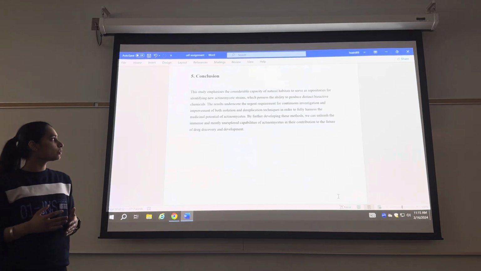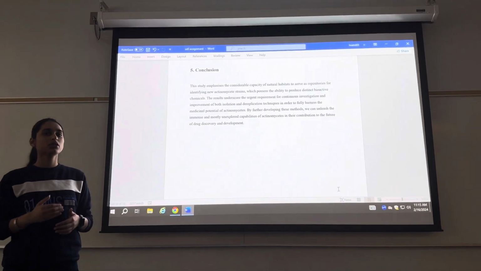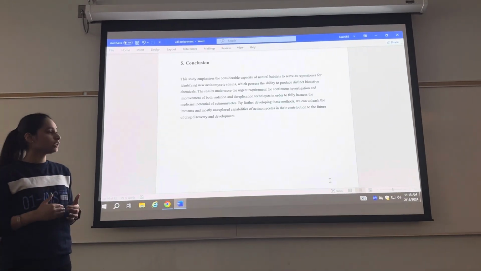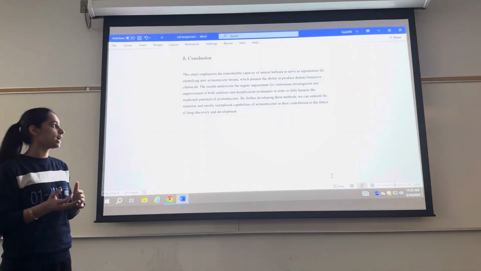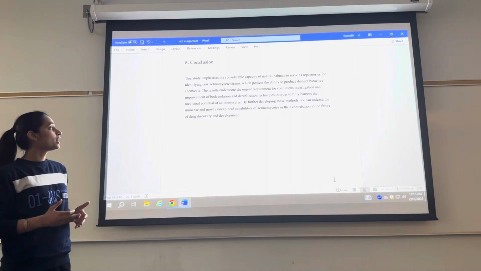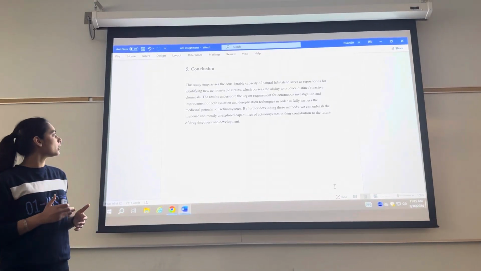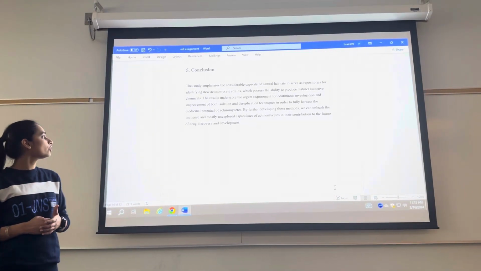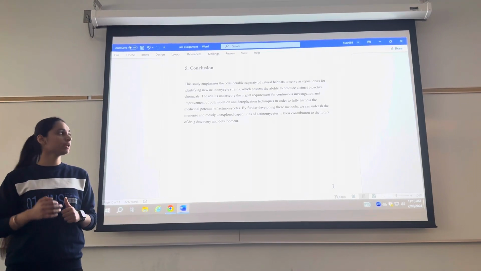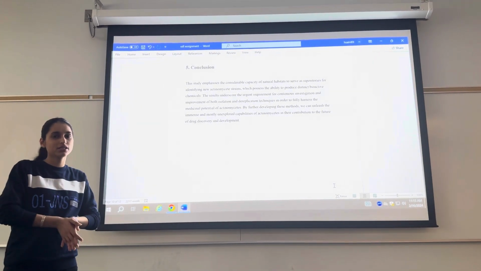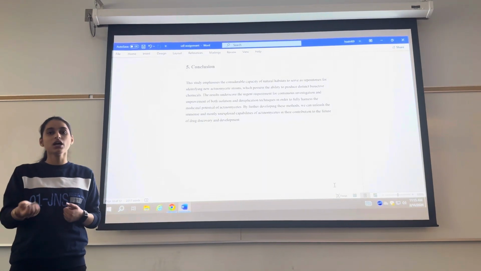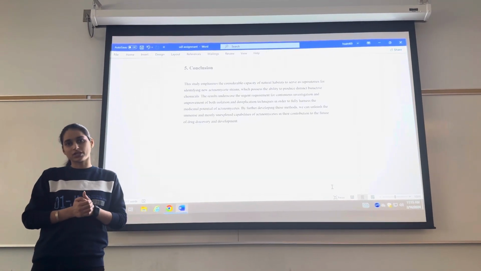The results underscore the urgent requirement for continuous investigations and improvement of both isolation and dereplication techniques in order to fully enhance the medical potential of actinomycetes. By further developing these methods, we can get more and more new strains of actinomycetes, which we can use in our further scientific and biological research.